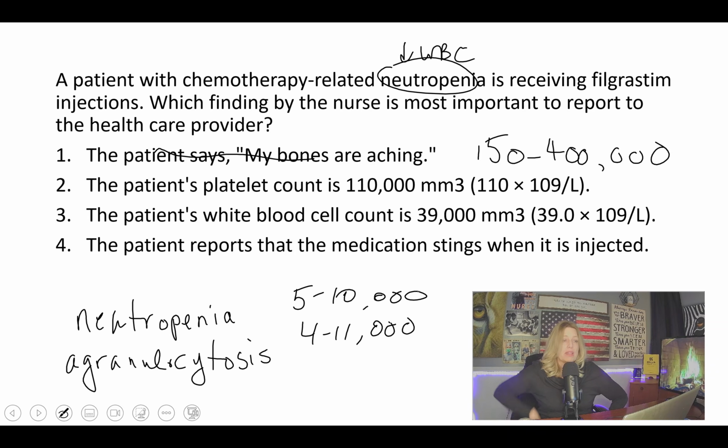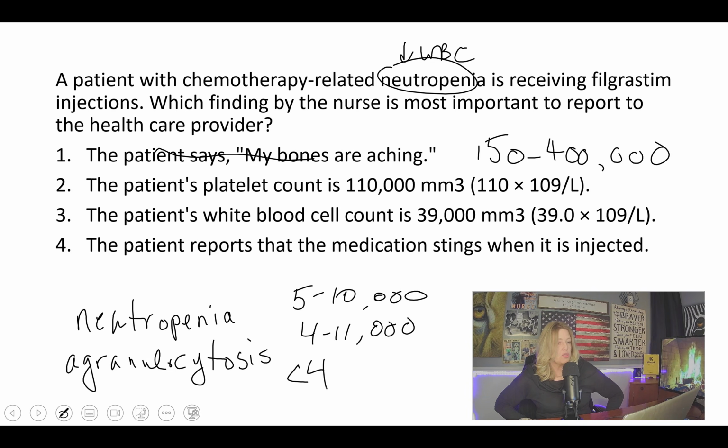Think about this. They were neutropenic, right? So their white count was probably less than 4. Now we give them filgrastim, and all of a sudden their white count is 39,000. It's 3 times what it's supposed to be and probably 4 or 5 times what it was. Yikes, is that really expected? I don't think so. So we're definitely going to keep that on our list.